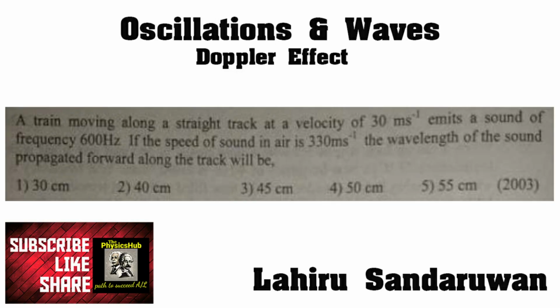A train moving along a straight track at a velocity of 30 meters per second emits a sound of frequency 600 Hz. If the speed of sound is 330 meters per second, the wavelength of the sound propagated forward along the track will be?